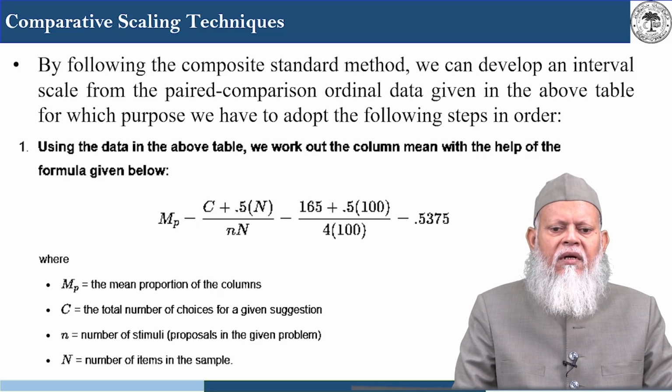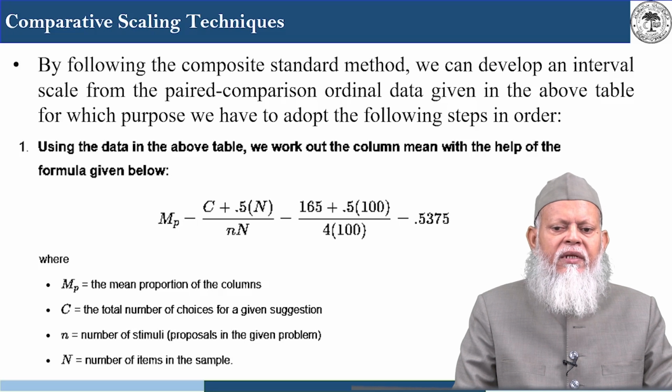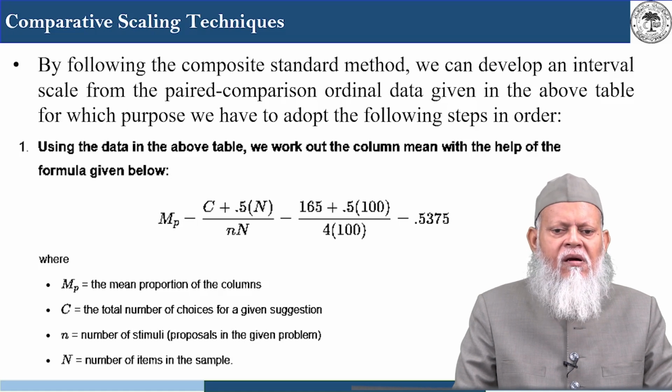So using the data in the above table, we work out the column mean with the help of the formula given below, that is MP = (C + 0.5n) / nN. We observe that C has the 165 score, then 0.5, n is 100, that is the number of opinion makers, and then 4 stimuli, and again nN is 400.